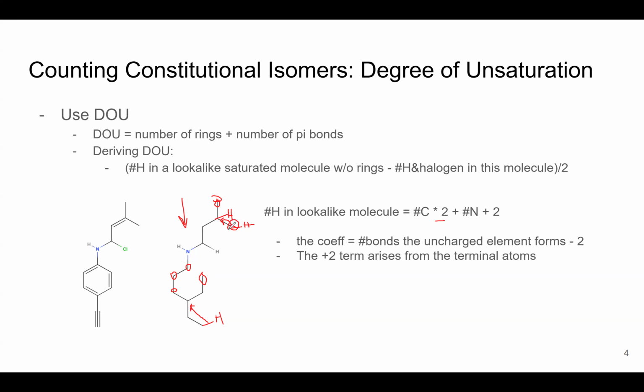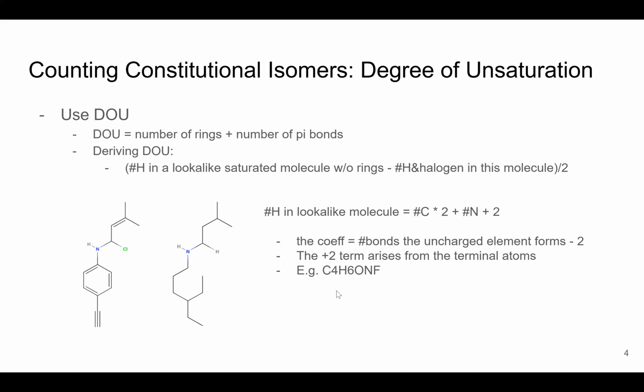So this carbon will be connected to 2 hydrogens as well. So again, you see that this molecule only has 2 terminals, and the 2 terminals account for the plus 2 here. If this is a bit hard to understand, you can just memorize the formula.